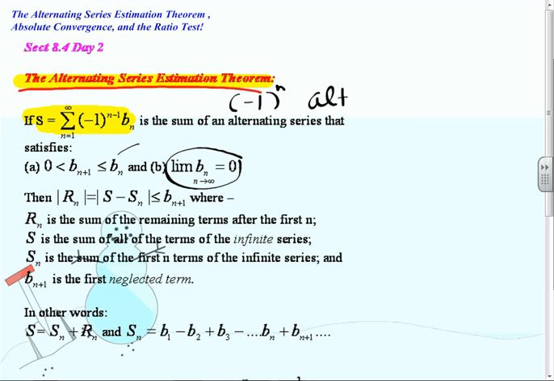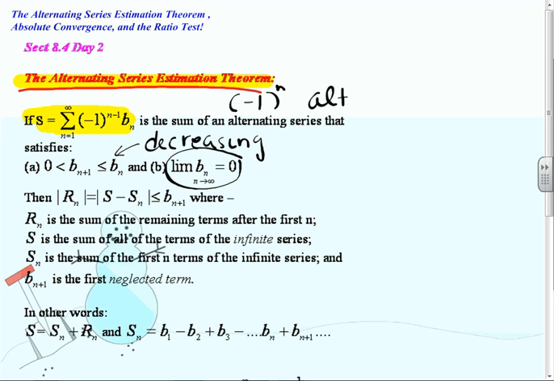And it has to be a decreasing sequence. They're not going to trick you. It's always going to be a decreasing one if the limit goes to 0. It's not to say that the limit going to 0 makes it decreasing. That's not true. You can find sequences where the limit is 0, but it's not decreasing the whole time. I have yet to think of one, but I know that it exists.